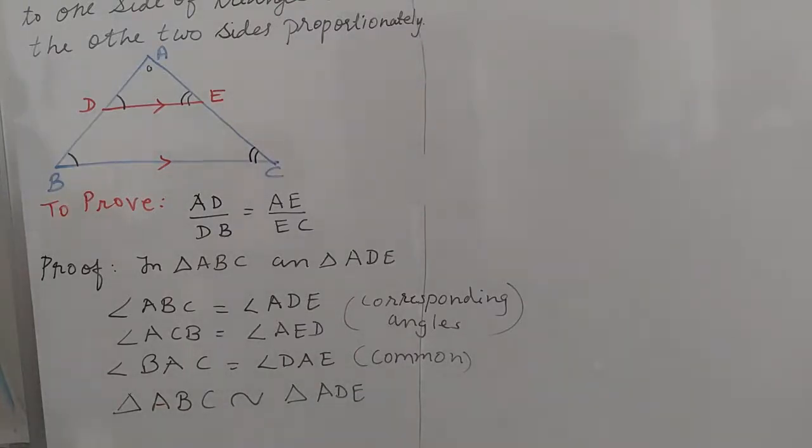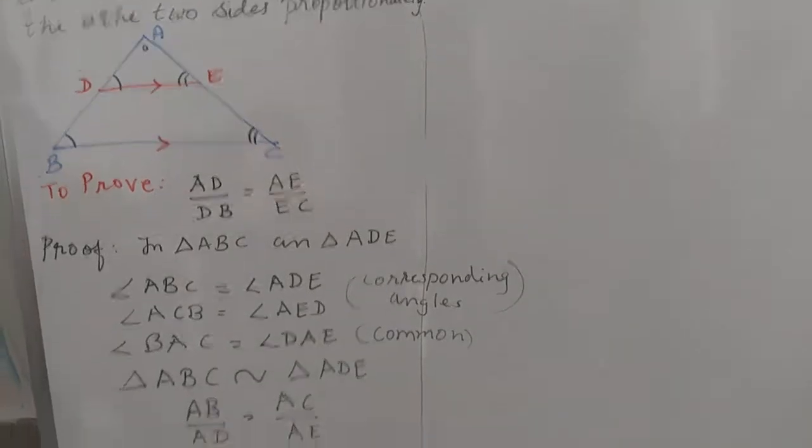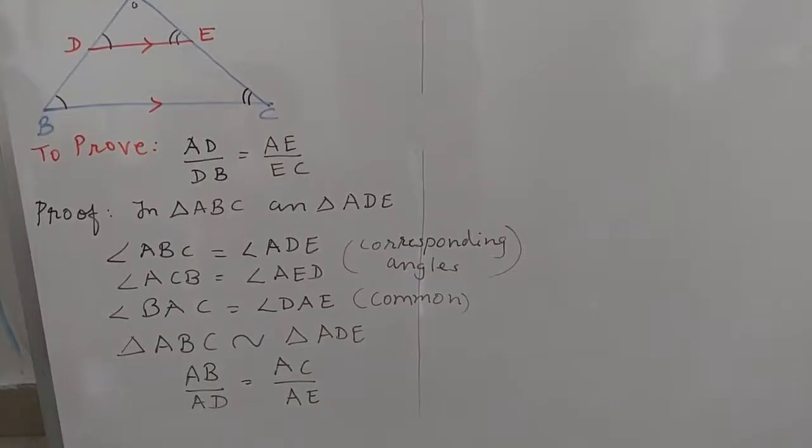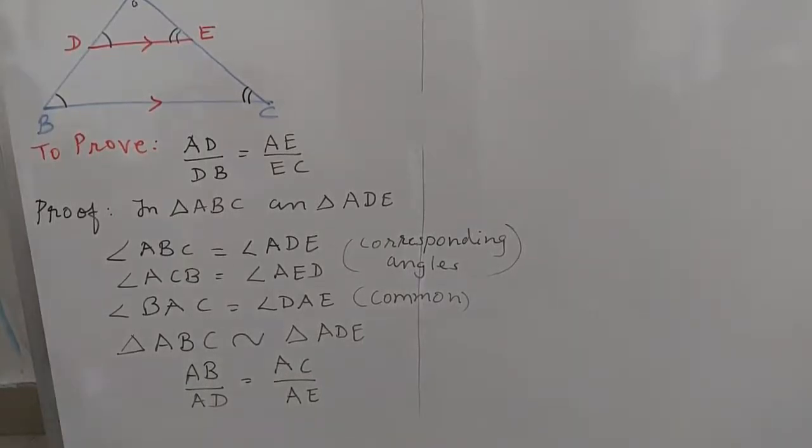Then here we will take the corresponding sides ratio. You can see here this is AB upon AD. You have to check from where you write the similarity. Then it is equal to AC, this is the big side AC, upon AE. This is the ratio we have taken of two sides, that is the corresponding sides. Now what is AB?